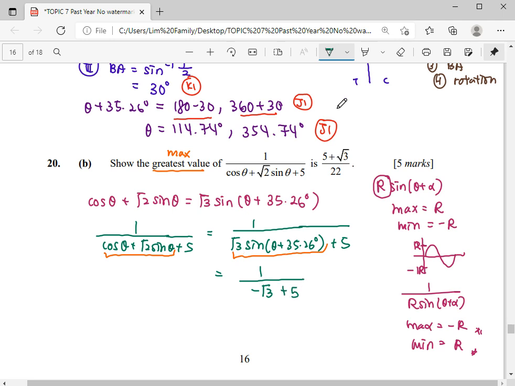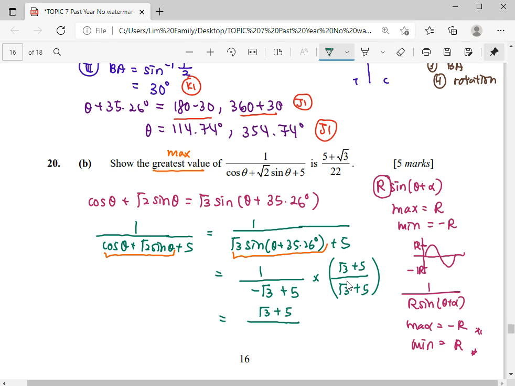But this answer is not in this format yet. So we have to change this third number into this. So it applies our topic 1 concept. How do we change this third number? We will times with its conjugate. So for this conjugate, it will be square root 3 plus 5. Supposedly it should be 5 minus square root 3, so the conjugate will be 5 plus square root 3. I didn't write it in order, but we still can do it. So when we multiply it, we get square root 3 plus 5.